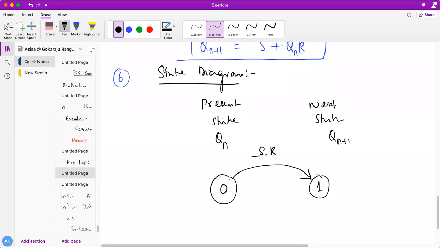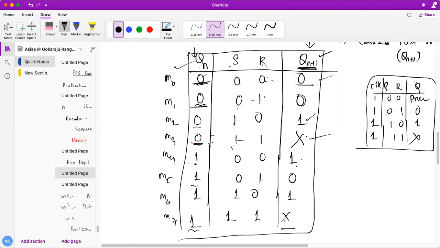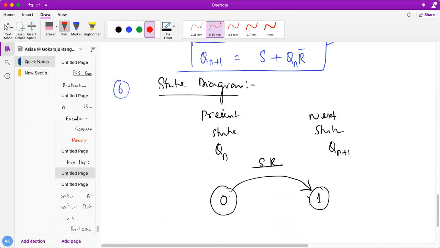S and R are my external inputs. So while transiting from 0 to 1, what are my S and R? Where will I get it from? See here, I am transiting from 0 to 1, so my present state is 0. Here I am transiting from 0 to 1. What is SR at that time? SR is 1 0. Am I correct, students? SR is my 1 0.